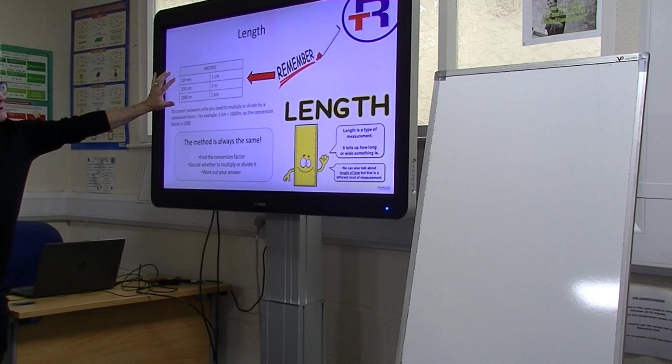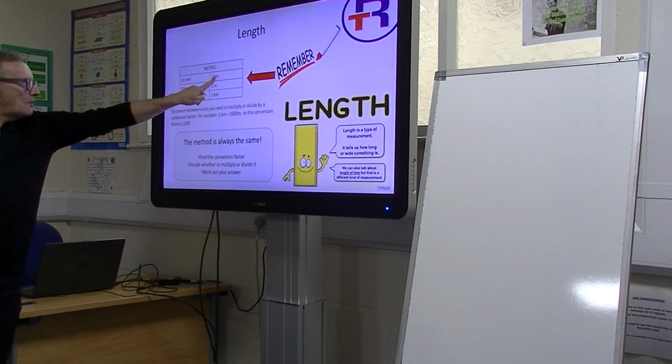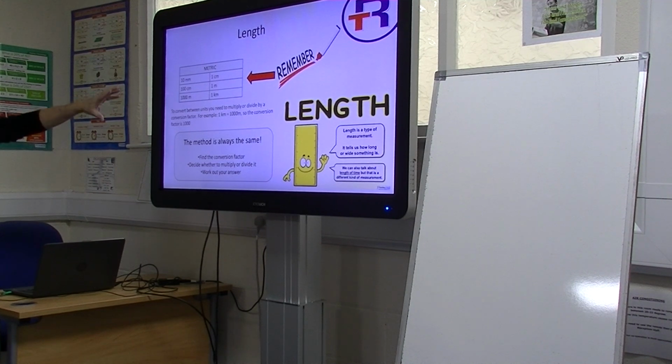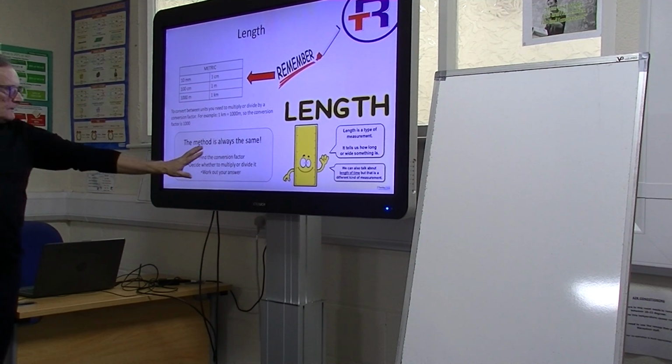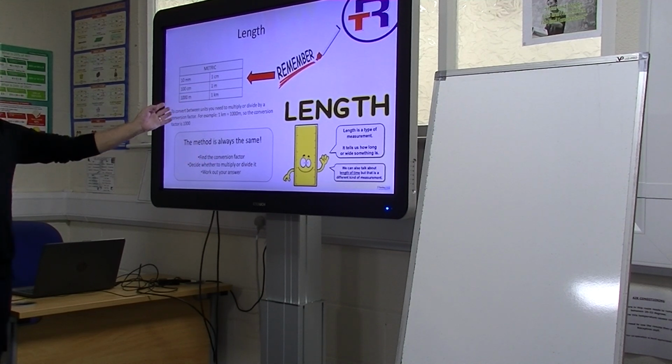The most popular unit of measurement you'll come across in your exam is going to be length, because it's going to come up in perimeter and in area questions. We've already learnt this. The method is always the same. Find the conversion factor.